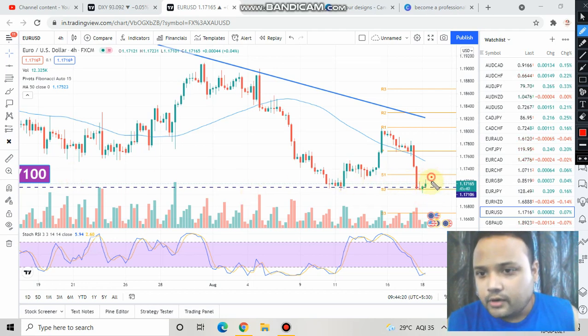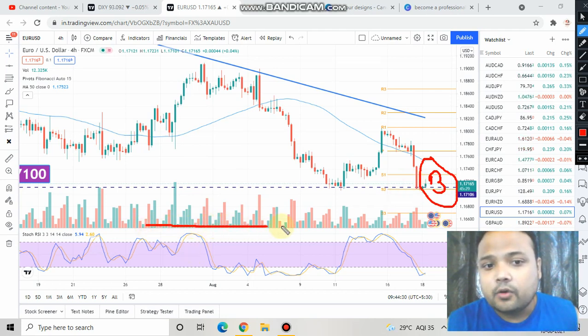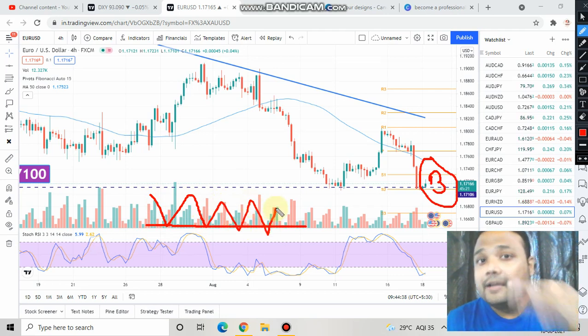So you can go for a buy here, but keep in mind that market has been testing this level for quite some time. Listen to me carefully now. We have seen in every market of the world that whenever you find market testing a level too much, that level loses its strength.